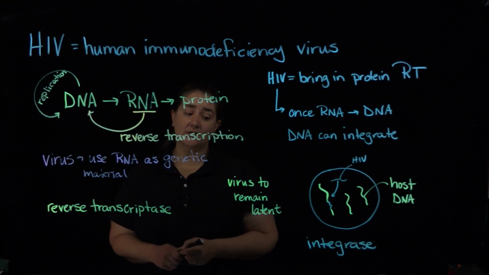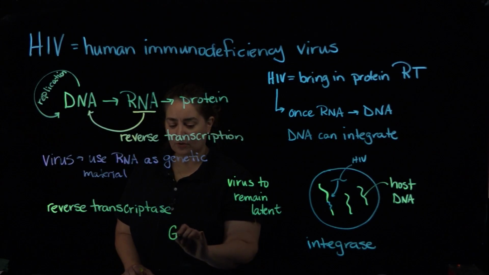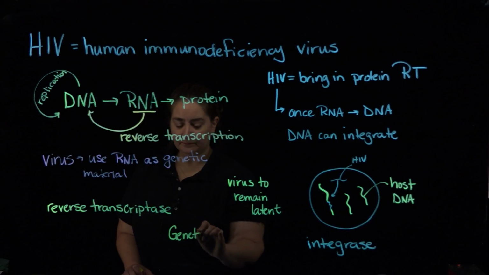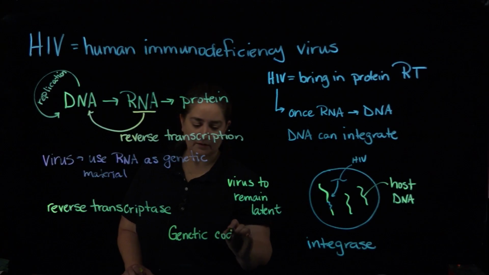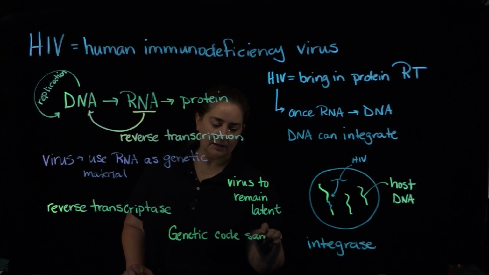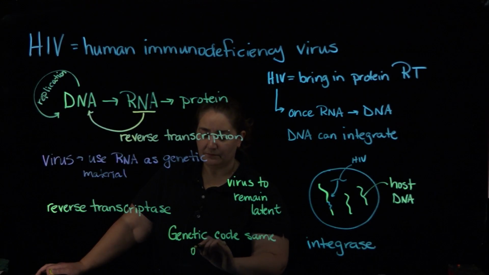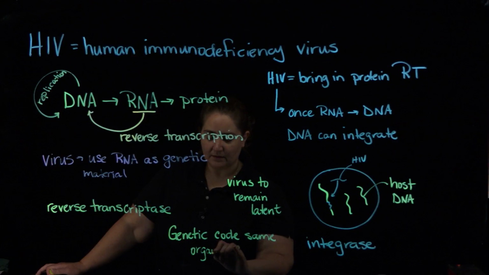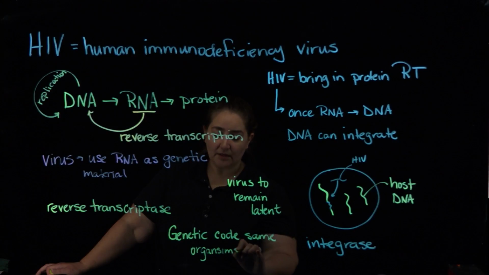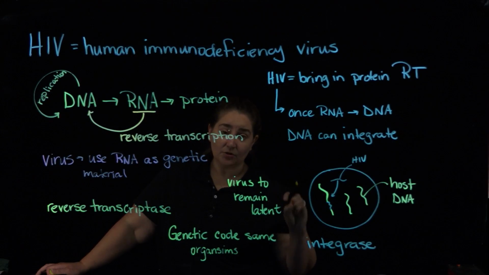And that's because our genetic code is the same for virtually all organisms. So bacteria use the same genetic code as your eukaryotic cell does. The virus is going to use the same genetic code as your eukaryotic cell does.